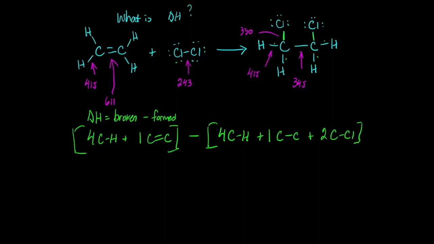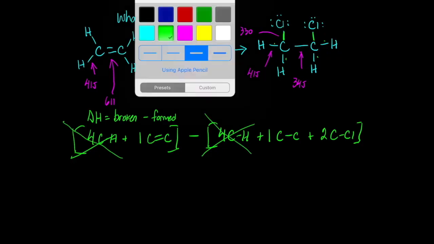All right. Now you'll see that actually, technically, nothing happens with the CH. All right. 4 of those CH bonds break, and then you're making your Lego pieces, and you're like, oh, I just have to put those studs right back on their position where I just took them off. So we can not use that part if you like. If you're more of an advanced student and you see that right off the bat, cool.